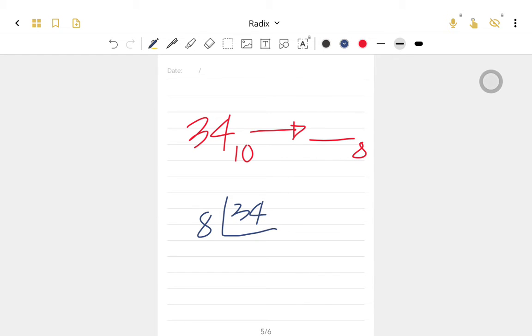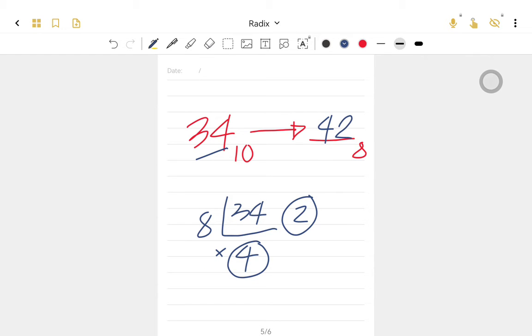What is 34 divided by 8? We can have 4, because 4 times 8 is 32. And then our remainder is 2, of course. So our equivalent for 34 with the base 10 is 4 and 2.